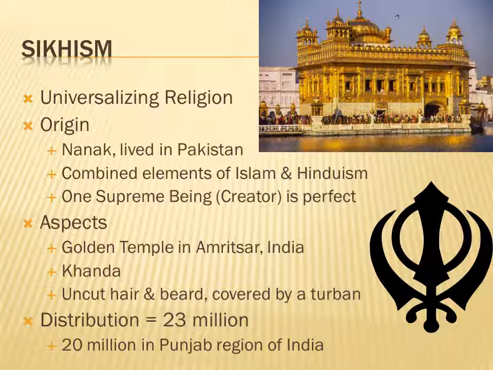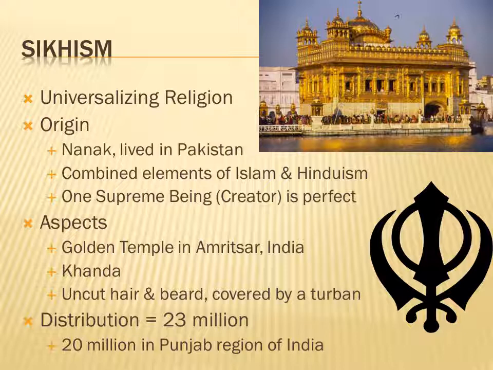And since it is a single supreme being, that means that we could label Sikhism as monotheistic. As far as major aspects, things that are really identifiable with Sikhism, you can see the Golden Temple there in the top right. That is in India, specifically in the Punjab region of India. One of the sacred sites, the most sacred site for Sikhs worldwide.